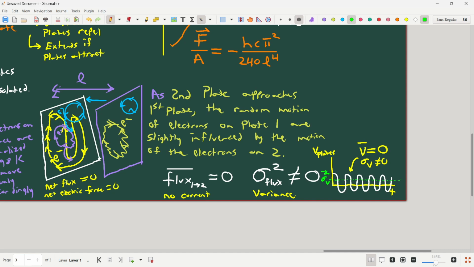What that does is it induces a net effect, a net attraction on the system. There's a very, very small, almost minuscule effect, but this leads to a net attraction, a net interaction between the two plates.